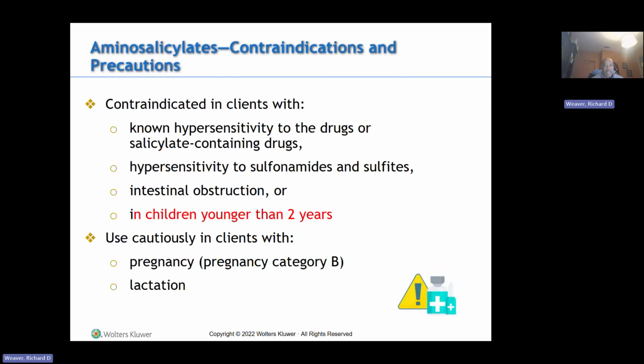All right, so it'll be contraindicated in those patients with the intestinal obstruction, also in children who are 2 years old and younger, or younger than 2 years old. These medications should also be given cautiously in women who are pregnant. This is a Category B drug, except the drug olsalazine. This is a pregnancy Category C. All right.